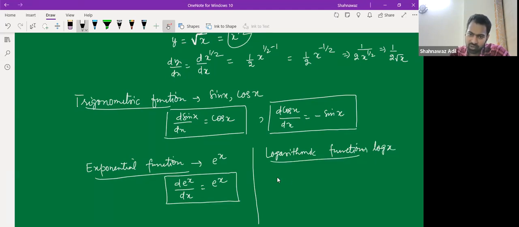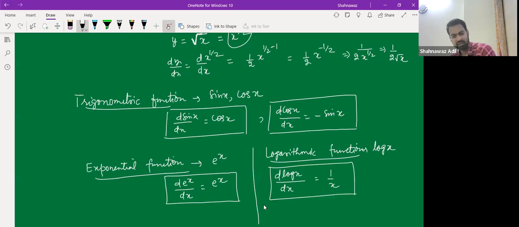So what is the differentiation of log x? This is simply 1 over x. Okay, so these are the differentiations of special functions.